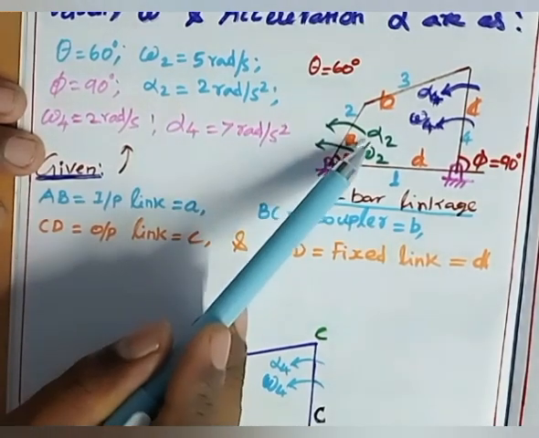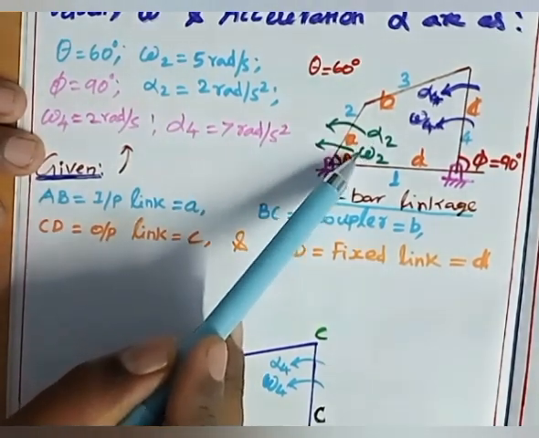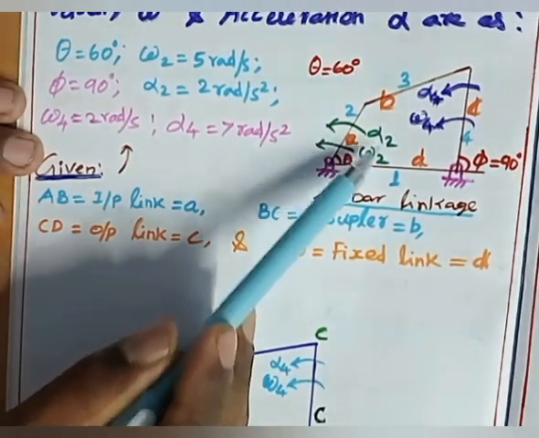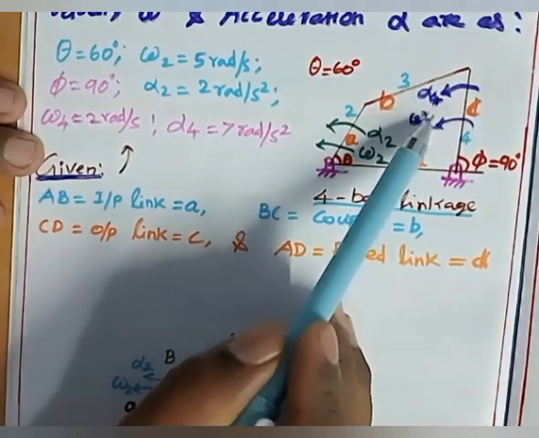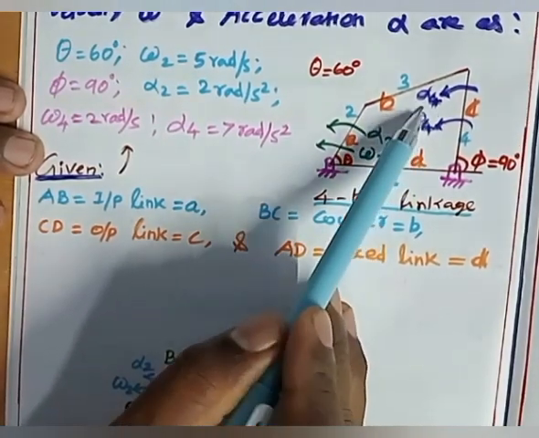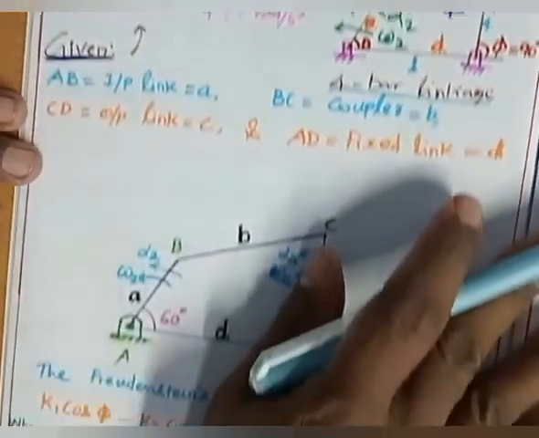The input angular velocity is omega 2 and corresponding angular acceleration is alpha 2, as well as for output, angular velocity omega 4 and corresponding angular acceleration alpha 4. We want to synthesize this mechanism.